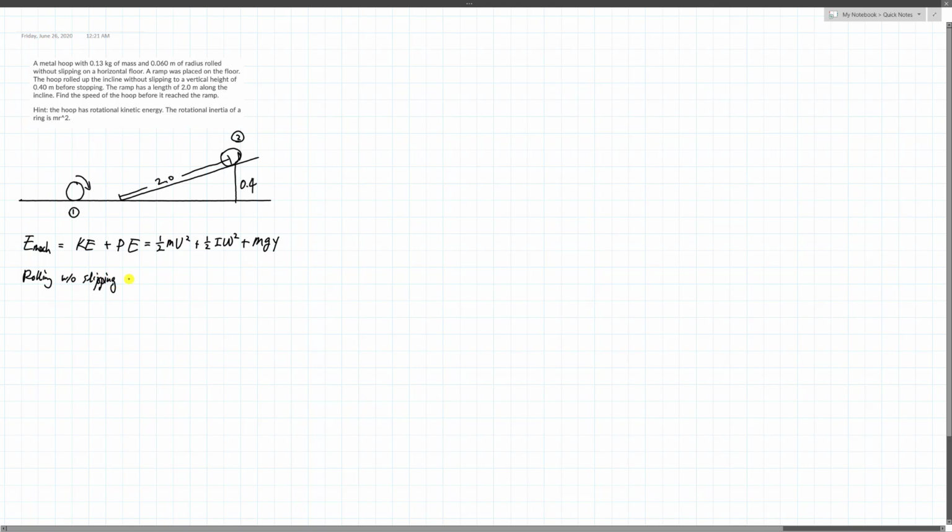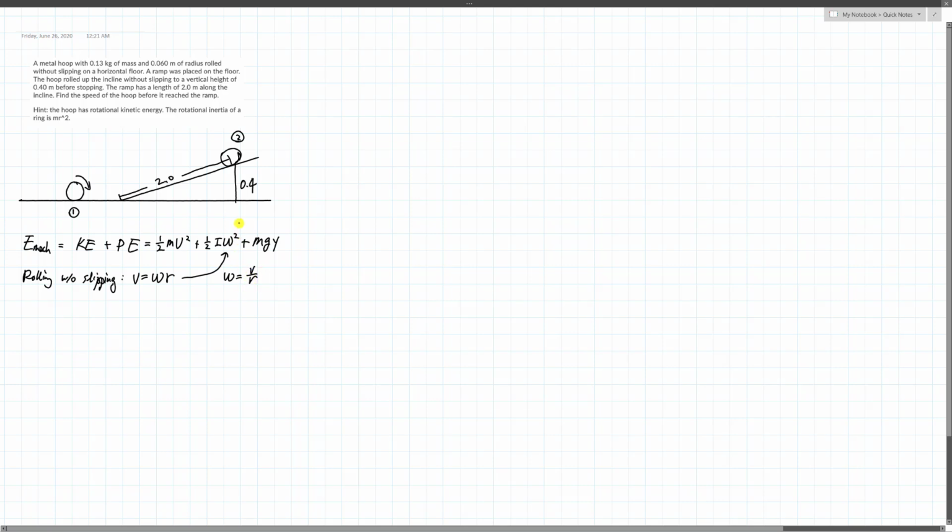And rolling without slipping, what this means is the rotation and translation are related. It means linear velocity is angular velocity times radius r. So we can replace this angular velocity with this expression. So angular velocity is velocity over r, right?